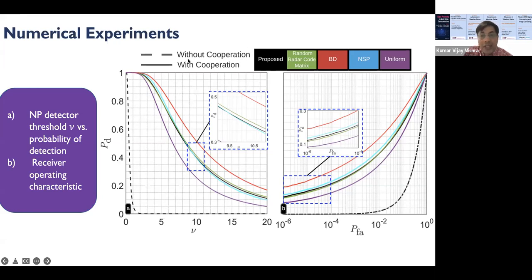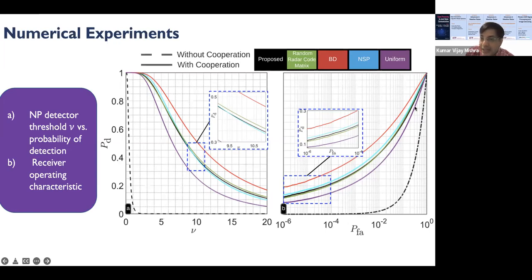In this distributed scenario, this is actually pretty bad. From a radar engineering point of view, this is a very bad detection curve. But if I could use cooperation, that is the downlink signal, and I optimize my design variables through this method that I just explained, then I can bump this up in this region.